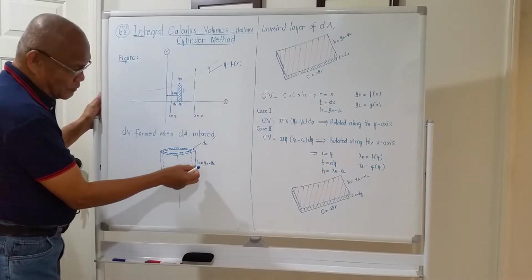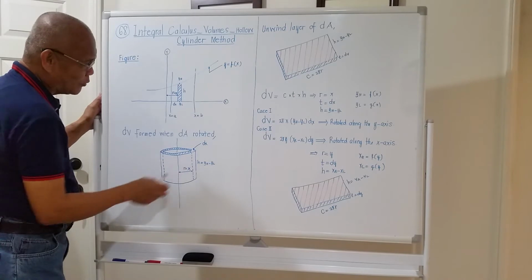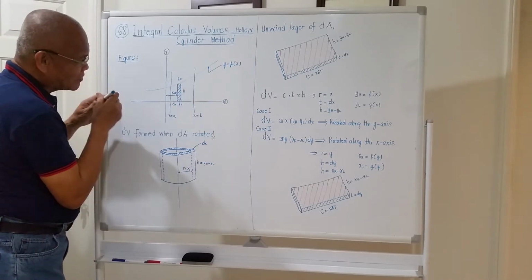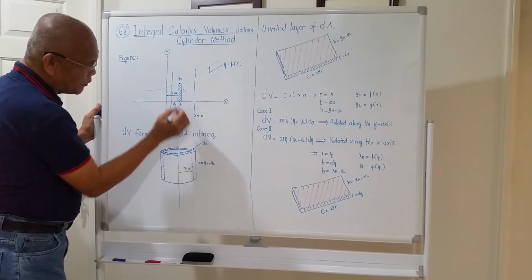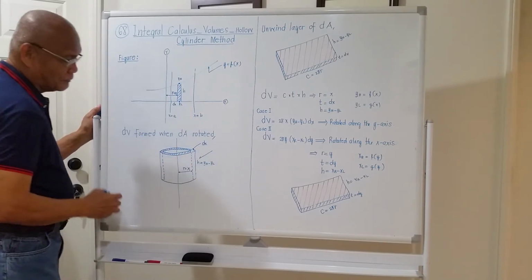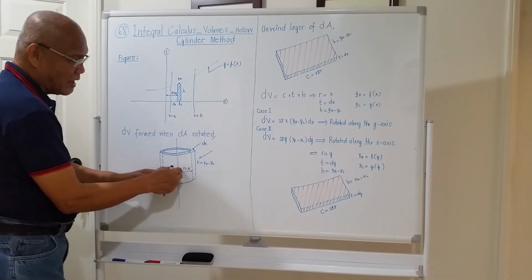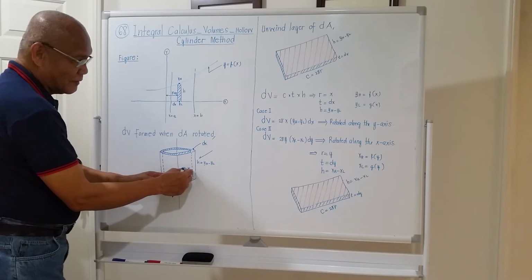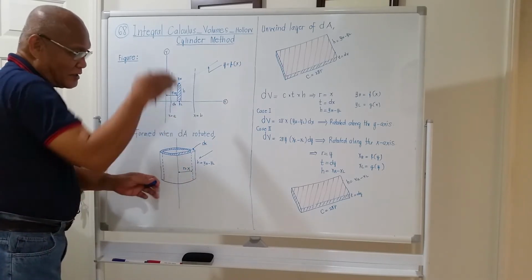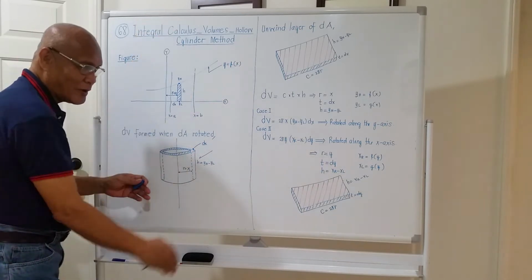So the height is y higher minus y lower. This variable height is the y at this point minus the y at this point, and that is the altitude. And the radius with respect to the axis of rotation is r equal to x. It is an abscissa, measured along the x-axis.